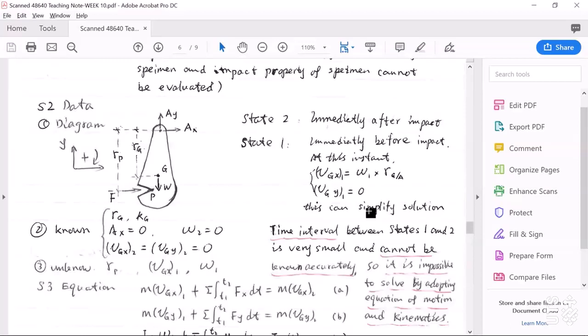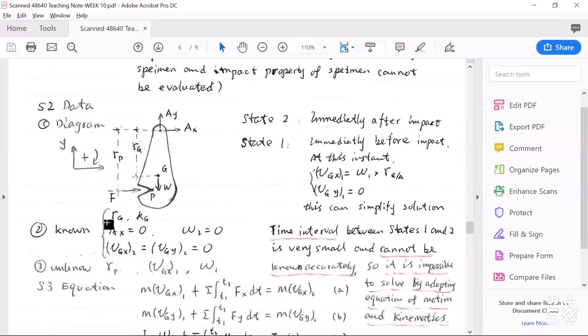So for this kind of problem, it's impossible to solve by adopting equations of motion and kinematics. And this kind of problem may be solved using impulse and momentum method only.